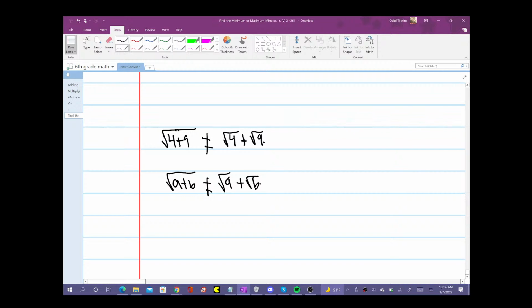There's a reason for this, because the square root of 4 plus 9 equals the square root of 13, and the square root of 4 plus the square root of 9 is actually 2 plus 3, 5, which means that 5 does not equal 13, right?